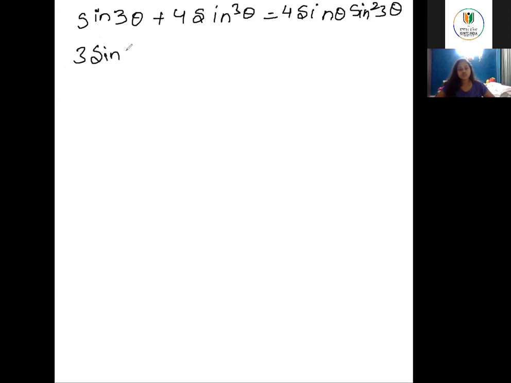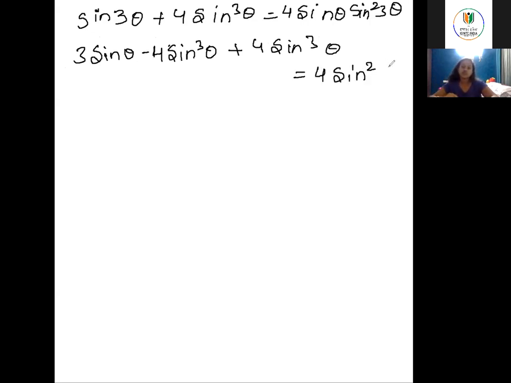Then 3 sine theta minus 4 sine cube theta plus 4 sine cube theta is equal to 4 sine theta sine square 3 theta.